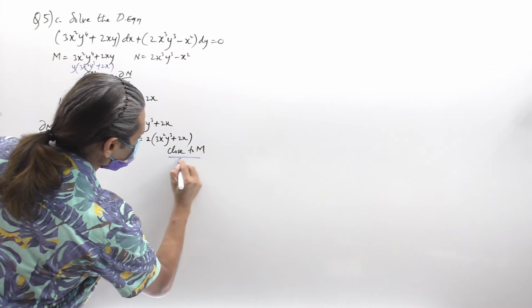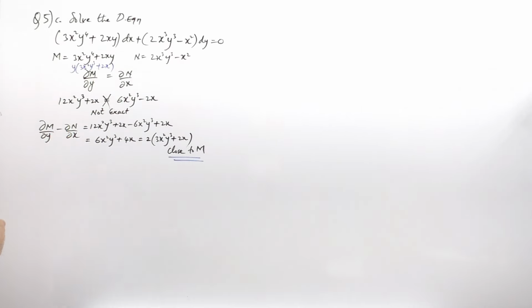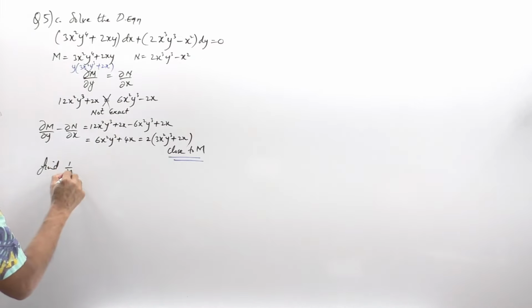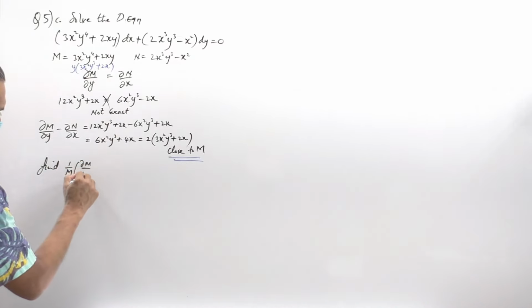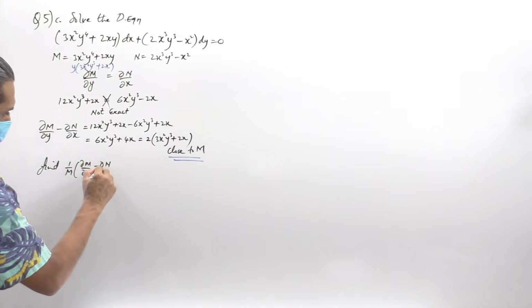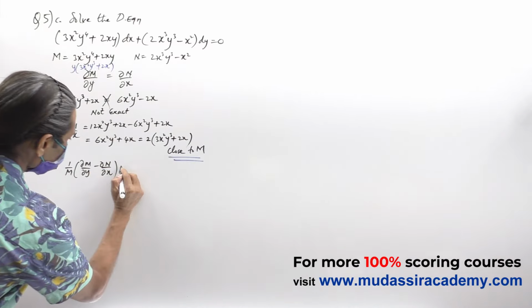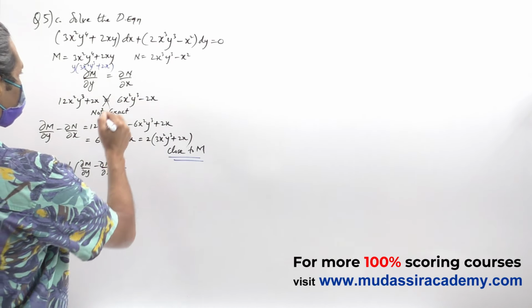And when it is close to M, what we do? We find 1 by M into ∂M/∂y minus ∂N/∂x. And that will be equal to, what is M here?